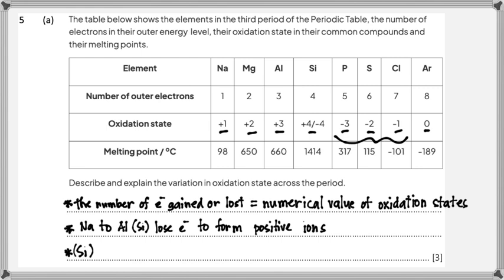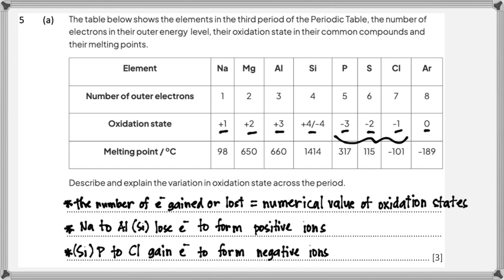So silicon or phosphorus to chlorine gain electrons to form negative ions.